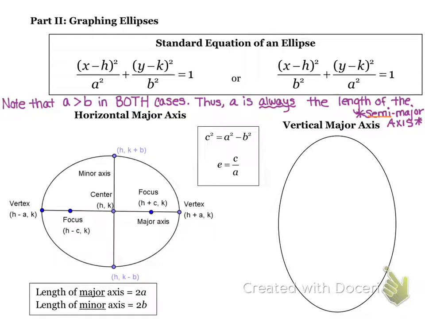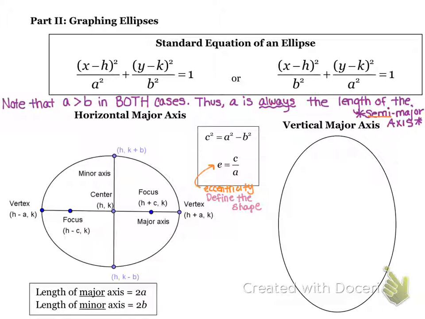Now, this e stands for eccentricity. And what does that do? Eccentricity defines the shape, how it spins, how these ovals, or these ellipses, are created.